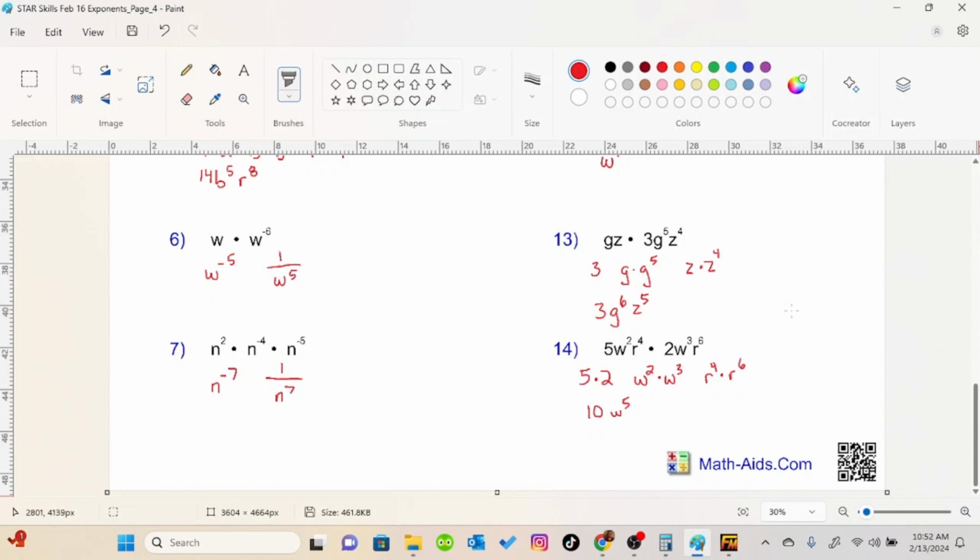And 4 plus 6 equals 10. So our final answer is 10 times w to the power of 5 times r to the power of 10.